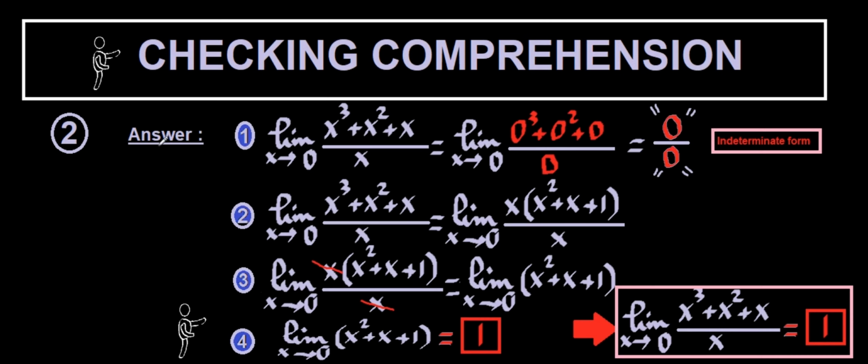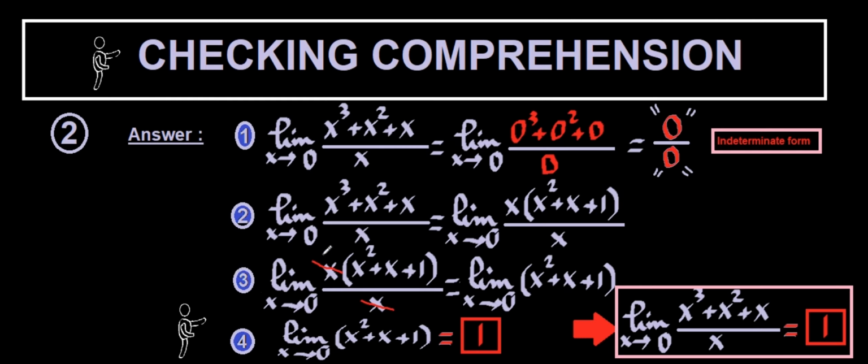For the answer, step number 1. When we substitute the value 0 in the expression x cubed plus x squared plus x divided by x, we get 0 divided by 0, which is an indeterminate form. Step number 2. We factor the numerator by x, and we get x times x squared plus x plus 1 divided by x. Step number 3.